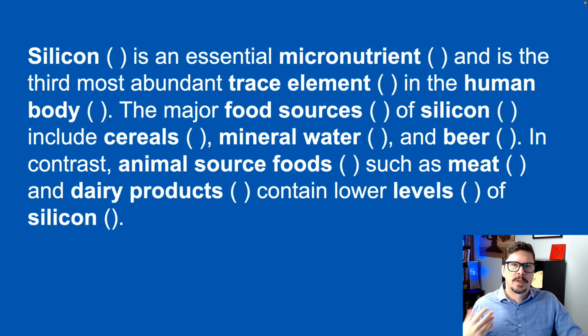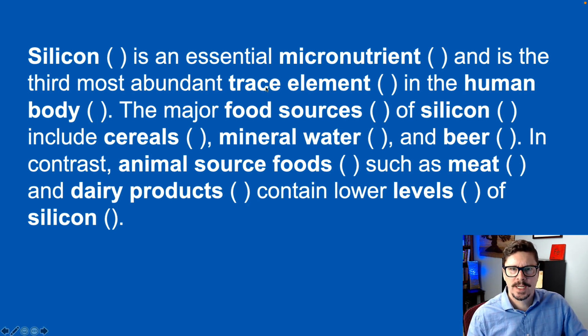So here's your first practice. Silicon is an essential micronutrient and is the 3rd most abundant trace element in the human body. The major food sources of silicon include cereals, mineral water, and beer. In contrast, animal source foods such as meat and dairy products contain lower levels of silicon. Now notice that some of these are compound nouns, like trace element, food source, mineral water, animal source foods, dairy products.